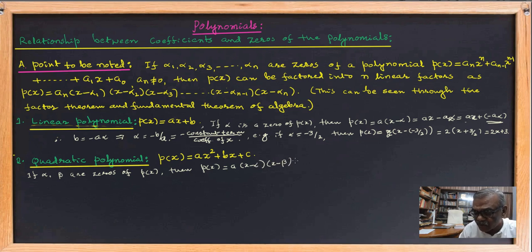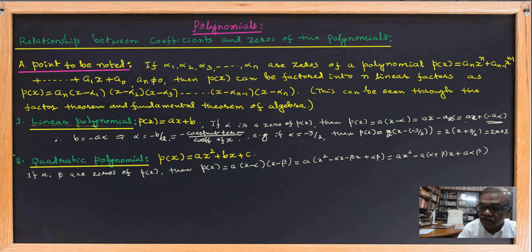After multiplying these two linear factors, you get a(x^2 - alpha x - beta x + alpha beta), which can be written as ax^2 minus a(alpha + beta) x plus a alpha beta.